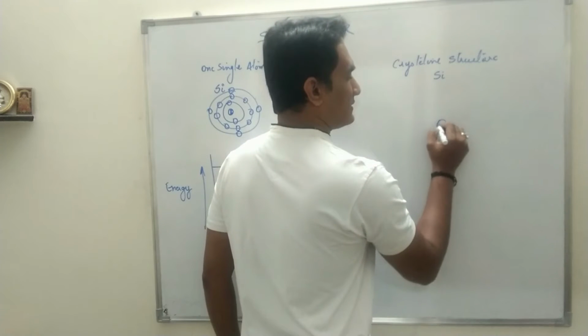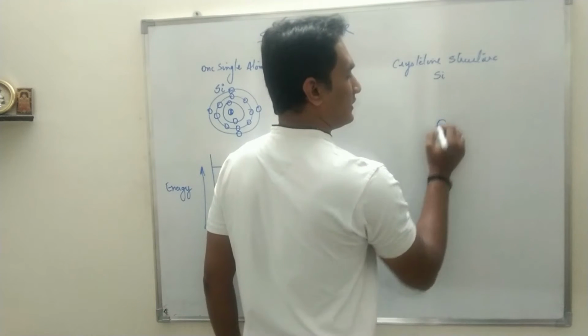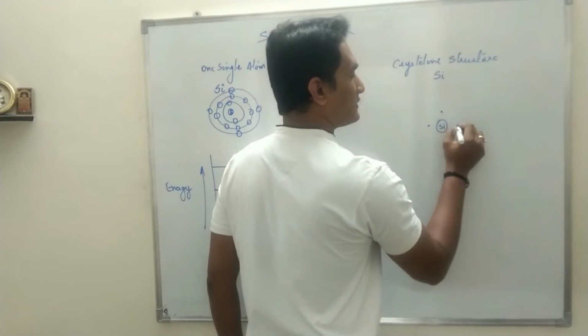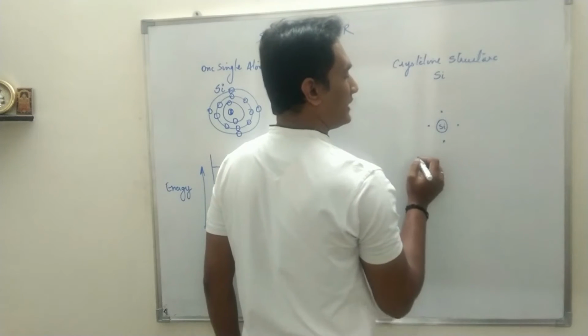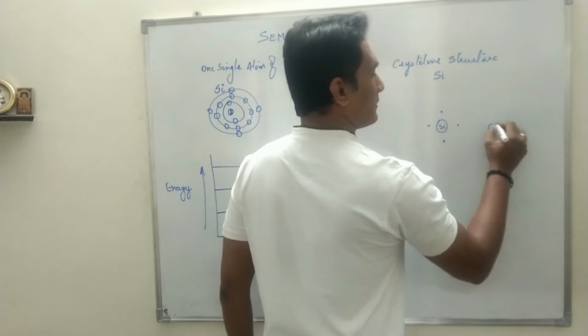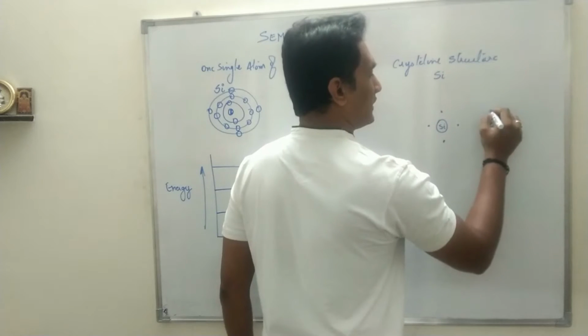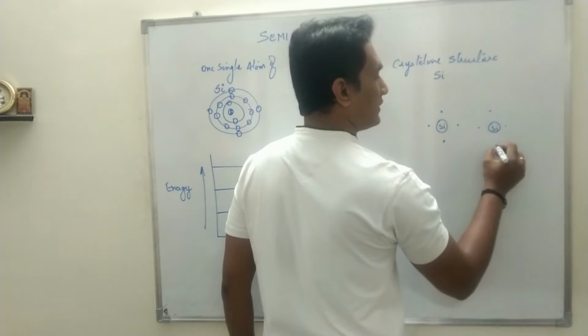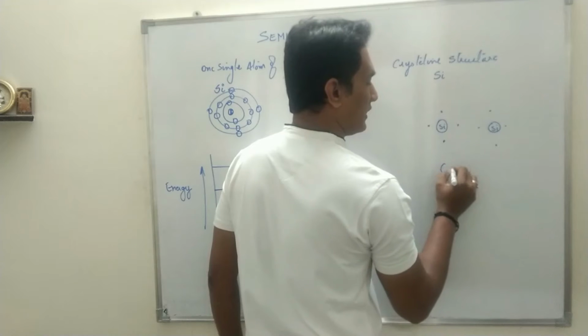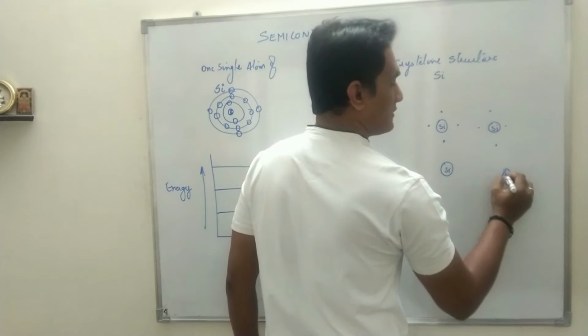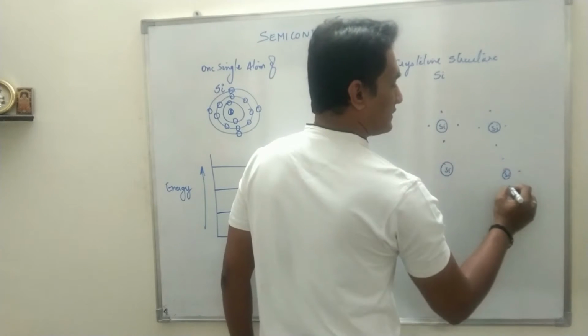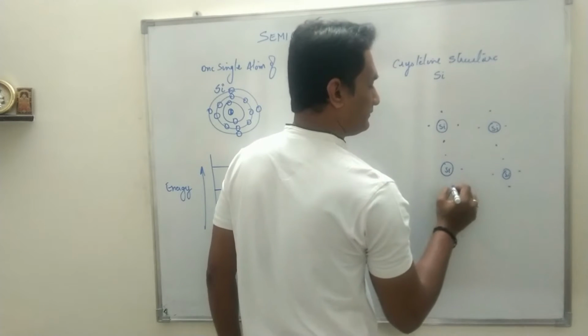Say this is one single atom of silicon. It has 4 electrons in the outermost orbit. Then suppose there is one more silicon atom. Again it will have 4 electrons in the outermost orbit. Again there is another silicon atom with 4 electrons in the outermost orbit.